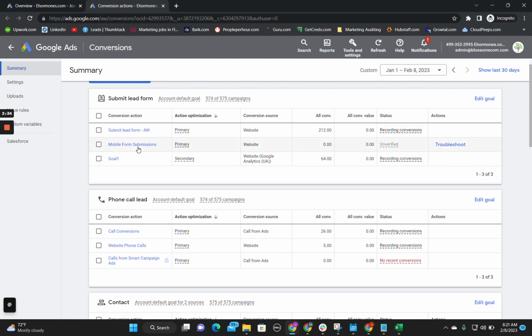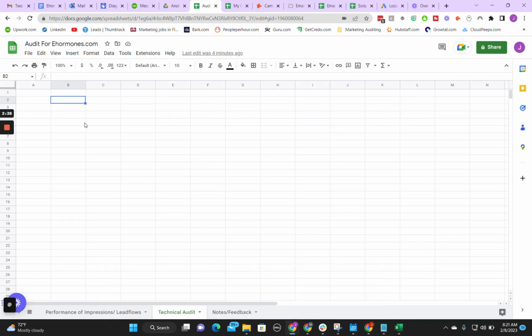So anyways, immediately we're going to say it needs to add a conversion value for submit lead form. And then I'll even write down that formula.